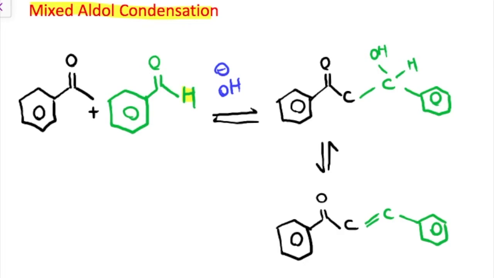The ketone has 3 hydrogens right here, and these are going to be our alpha hydrogens, and they can get deprotonated, and it can give us the enolate.